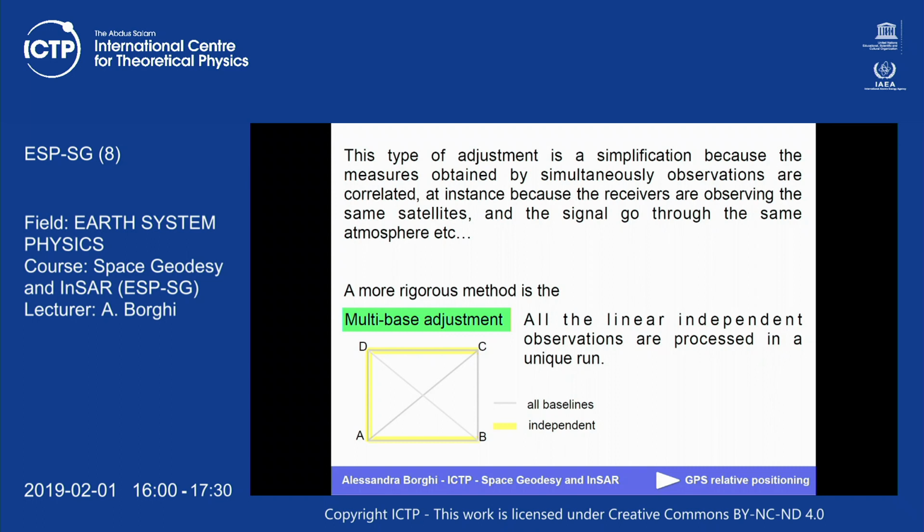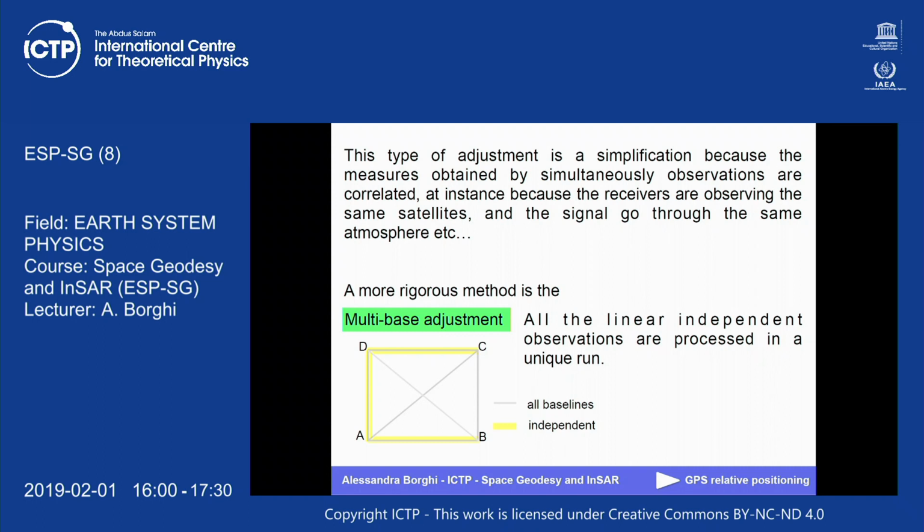And you can also ask the software to create baselines automatically, and you can choose. In Bernese it is easy, but I think probably in Gamit I have to check. I know Bernese better because I have used this software for a long time. And you can say, okay, create a star.